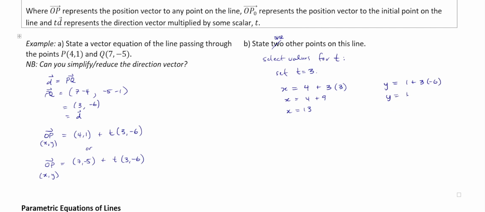So y is equal to 1 minus 18. And y is equal to negative 17. So 13, negative 17 would be a point on that line. Okay, so all we did there is we just set values for t, and then we looked at the components and added them up.